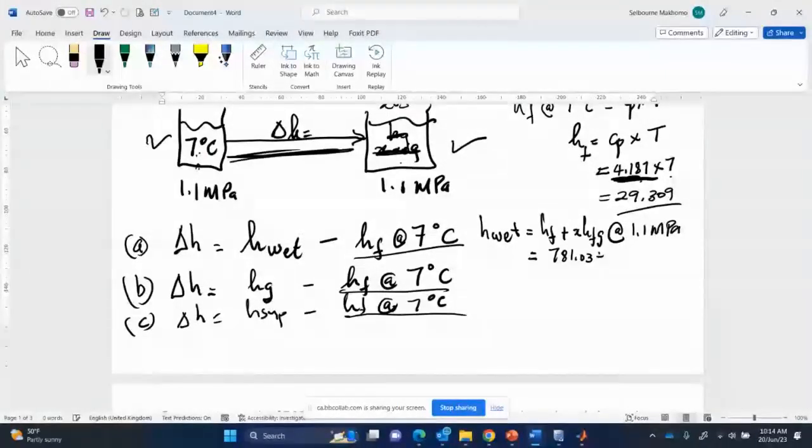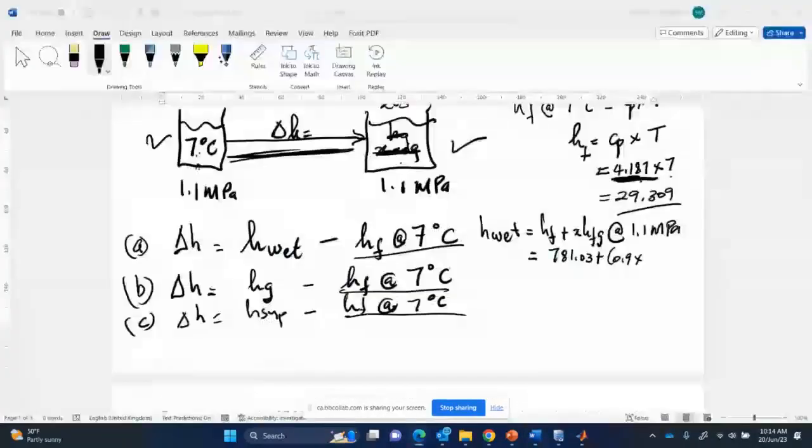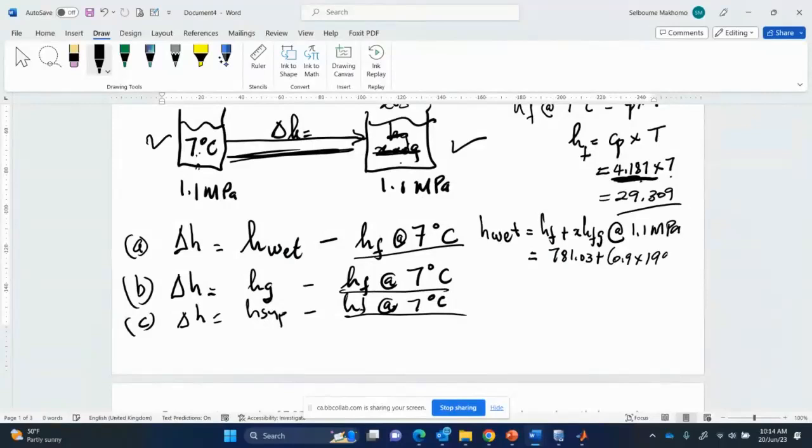781.03 plus X 0.9 multiplied by HFG, 1999.6. I'm not going to give you the answer. You can always calculate it. There's no time for that.